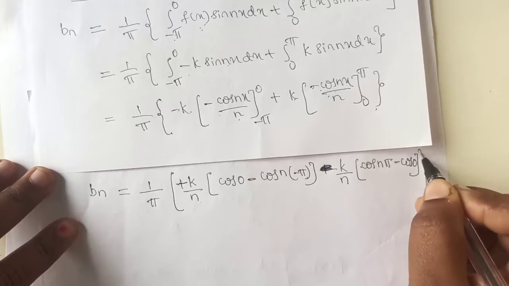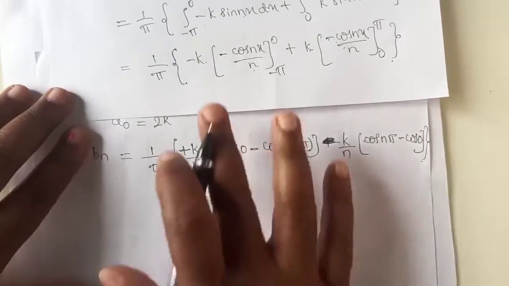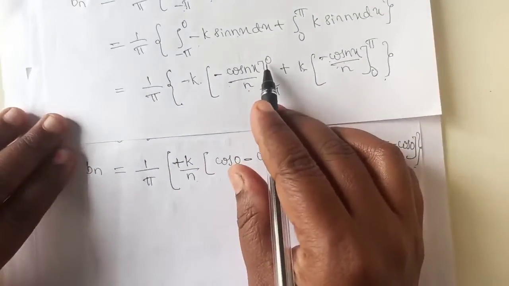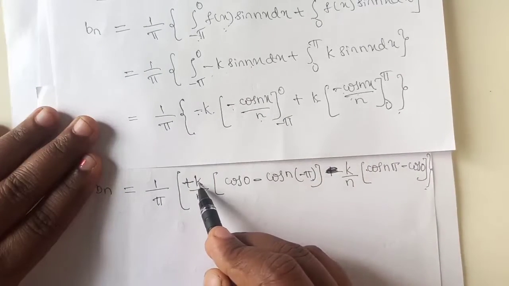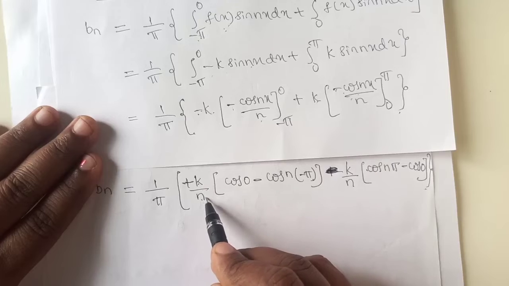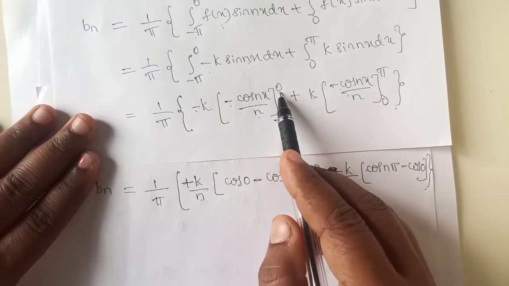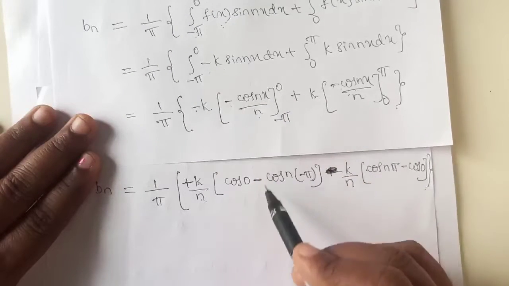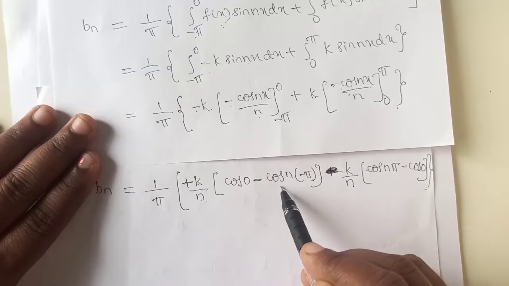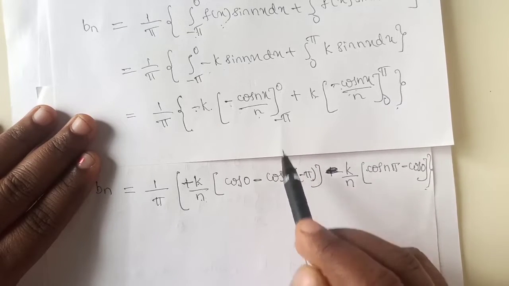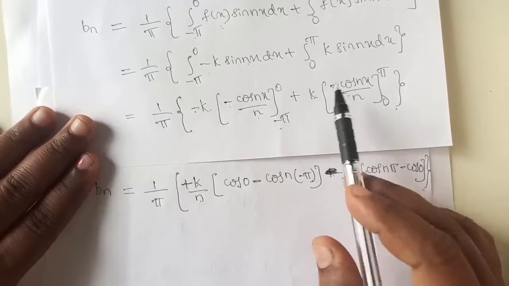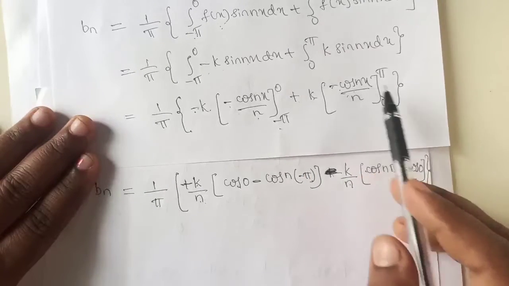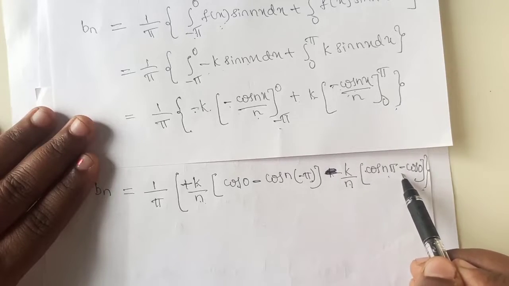Okay, so got it. So here we apply limits, upper limit minus lower limit, so minus into minus plus k divided by n can be taken outside because these are constant. Now applying limits, upper limit cos of 0 minus of lower limit cos of n minus pi as it is. Okay, next plus into minus, minus k by n can be taken outside, cos of n pi minus cos of 0.